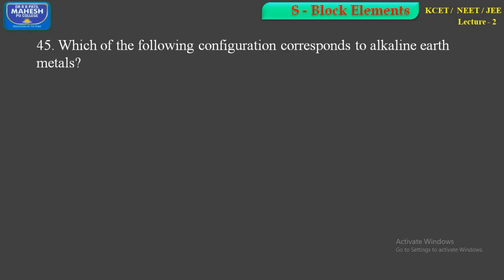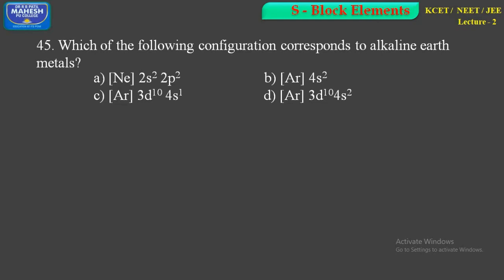Question 45. Which of the following configurations corresponds to alkaline earth metals? Option A, neon 2s2 2p2. Option B, argon 4s2. Option C, argon 3d10 4s1. Option D, argon 3d10 4s2.